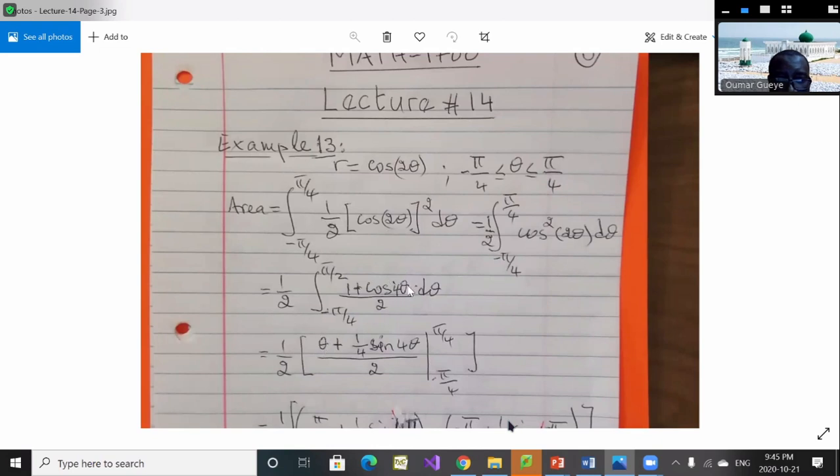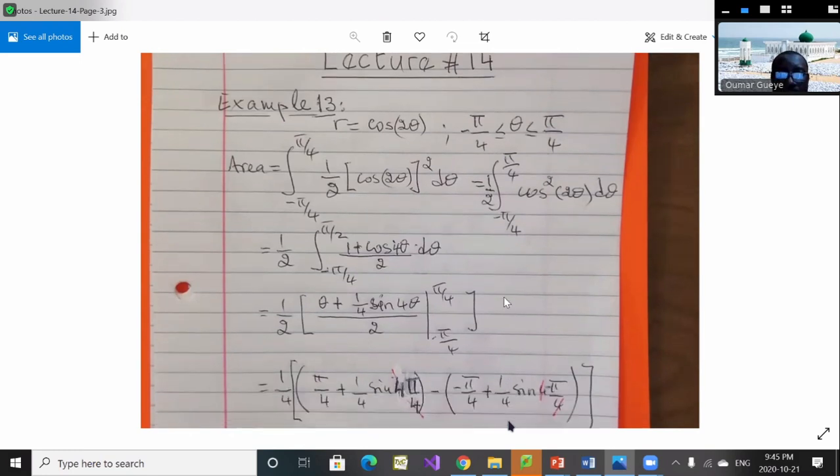The second term is cosine of 4 theta. When you integrate it, it's going to be 1 by 4 sine 4 theta. And you calculate it at pi by 4 and at negative pi by 4. So at pi by 4, you get the first bracket here. At negative pi by 4, you get the second bracket. Just keep in mind here we have minus pi over 4.